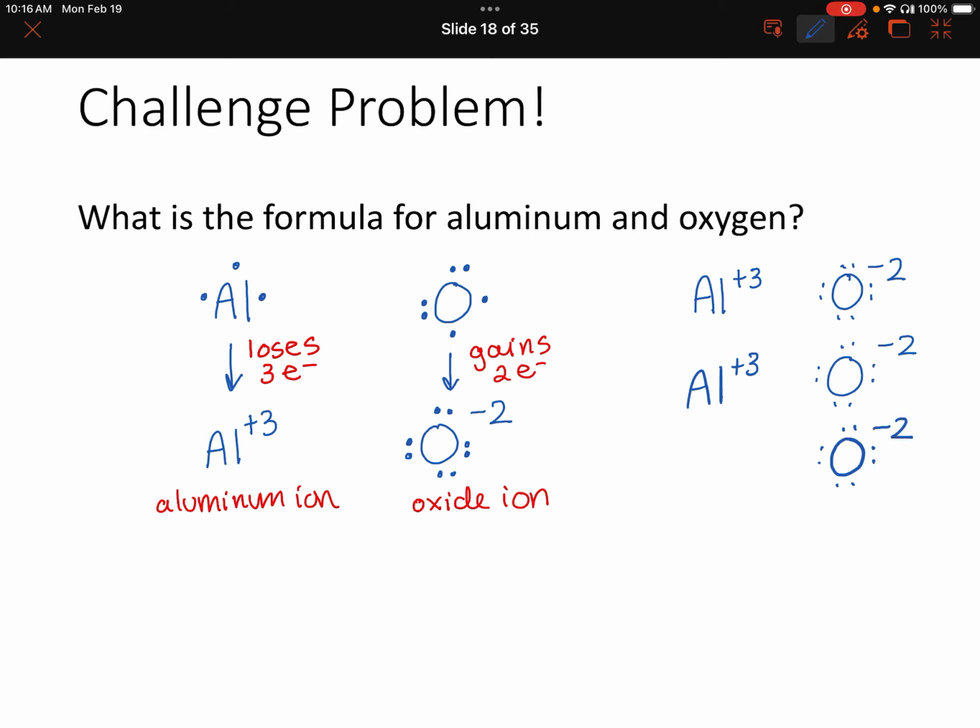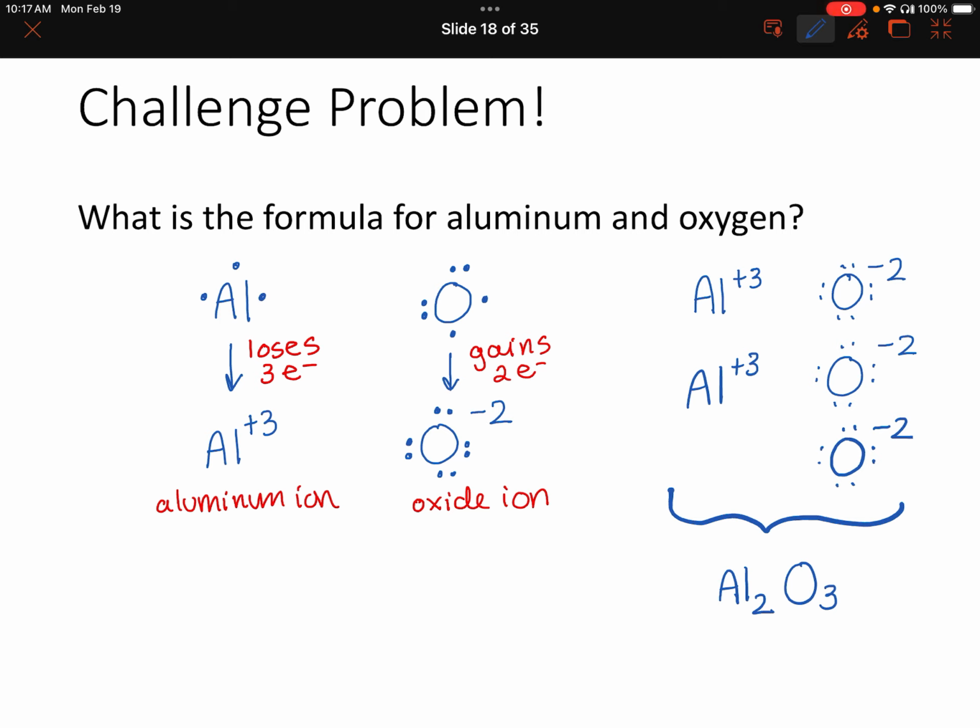Okay, so now it looks like we have +6 from our aluminum ions and -6 from our oxide ions. So now everything matches. So this will give us Al2O3 as our formula because we have 2 aluminum ions and 3 oxide ions.